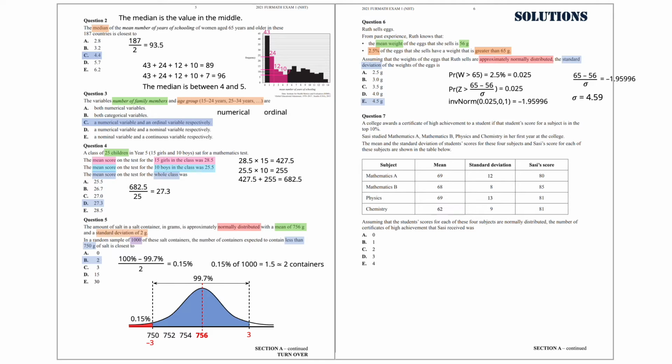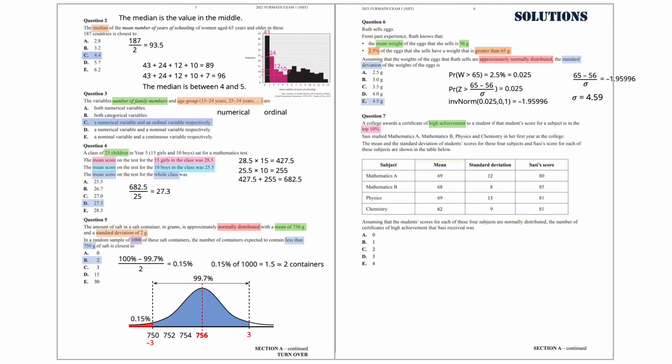Question 7. A college awards a certificate of high achievement to a student if that student's score for a subject is in the top 10%. Ceci studied Mathematics A, Mathematics B, Physics, and Chemistry in her first year at the college.